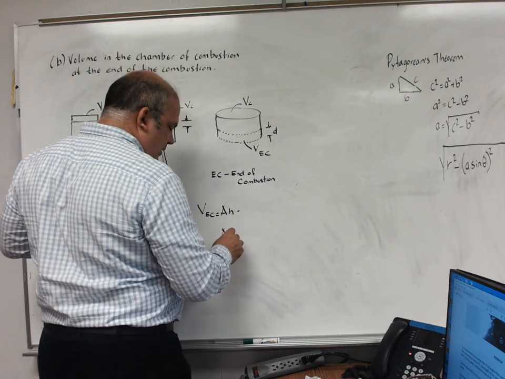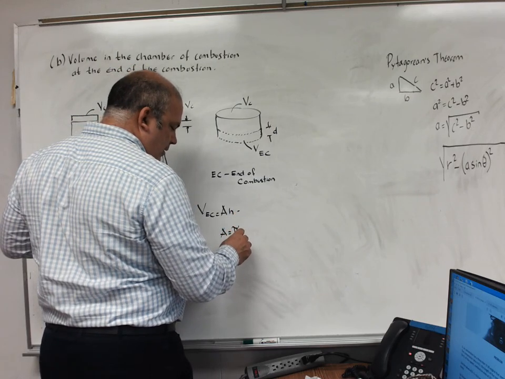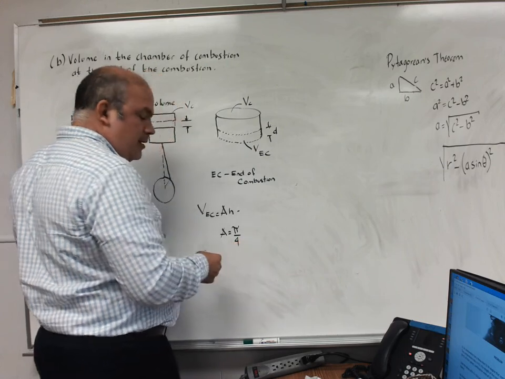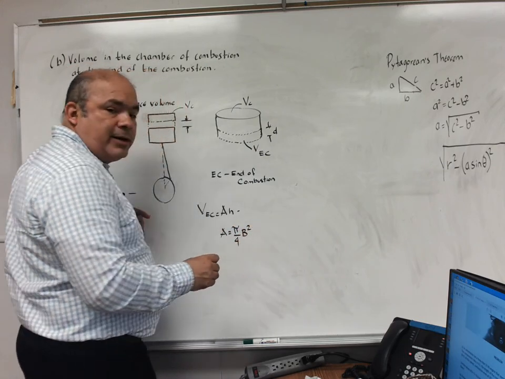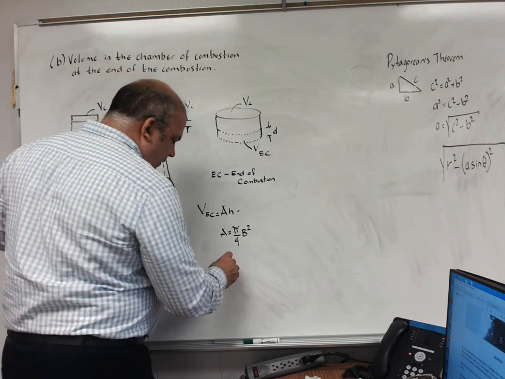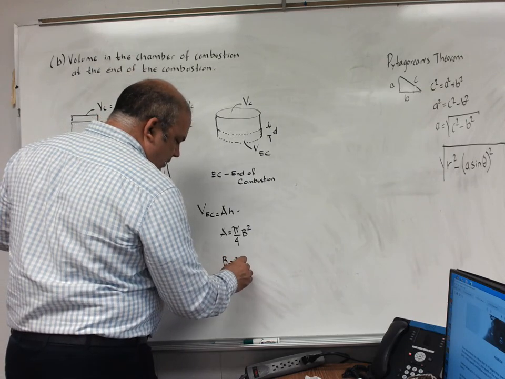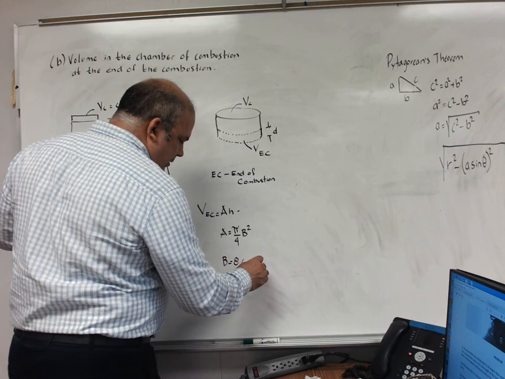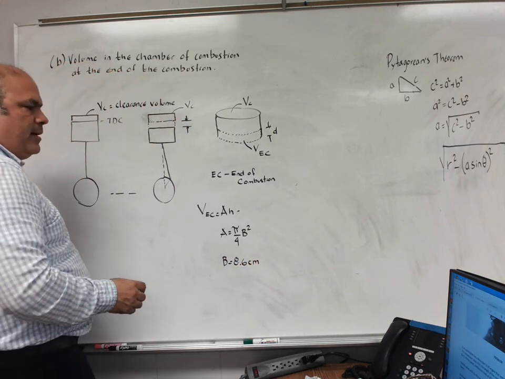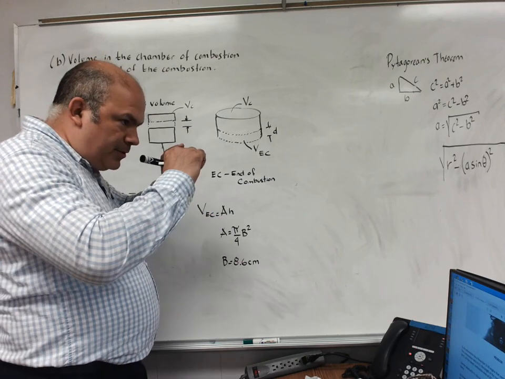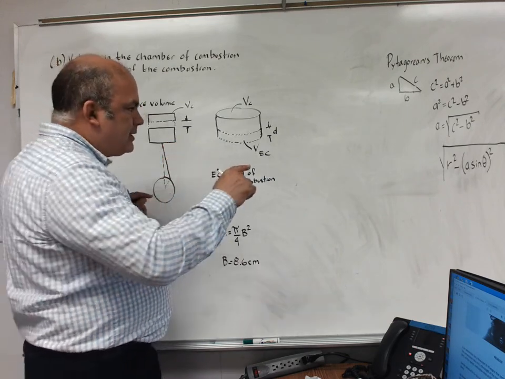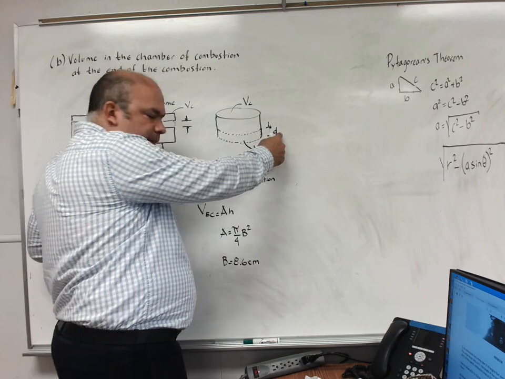The area is pi over 4 times the diameter, which is the bore, and we already have it, it's 8.6 centimeters, squared, times the height of this cylinder. It's like a small slice. So this height is this displacement.